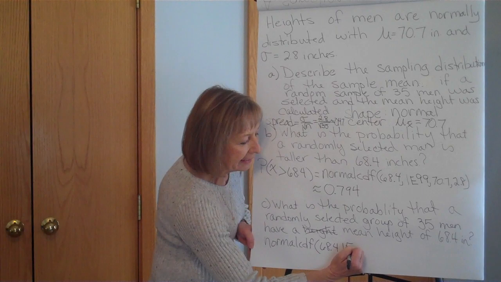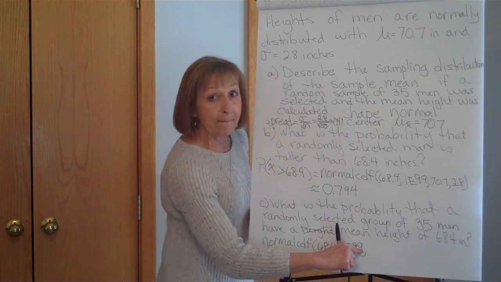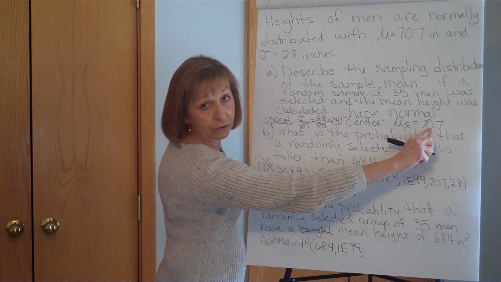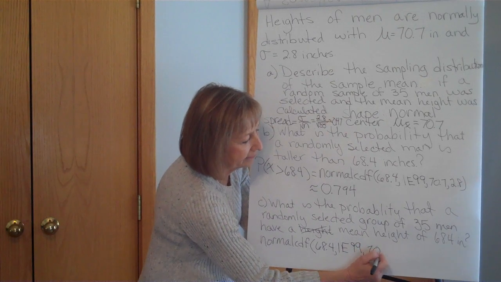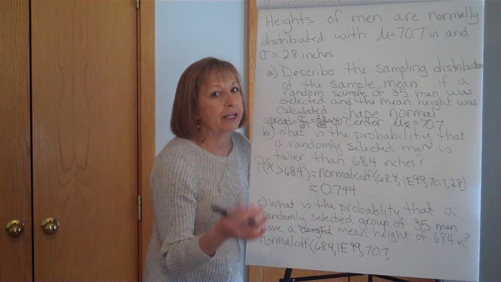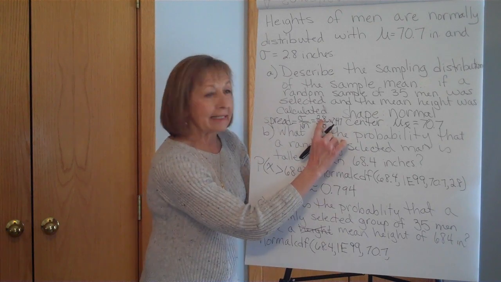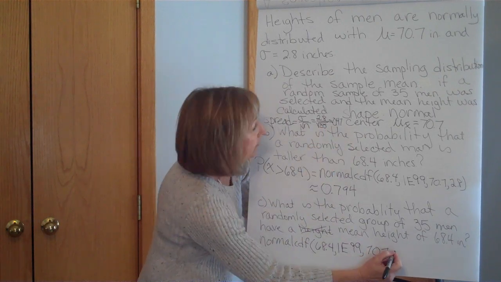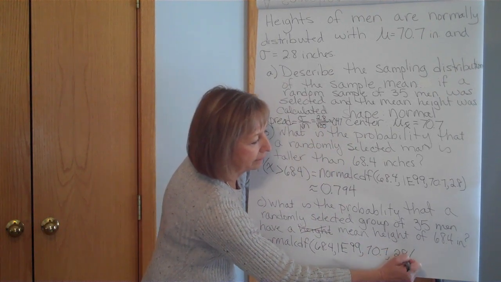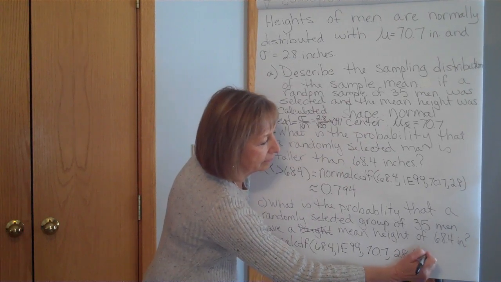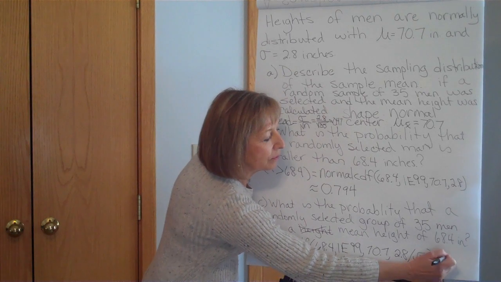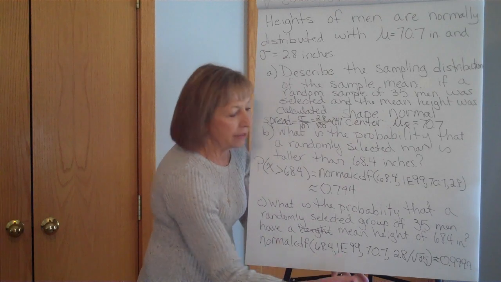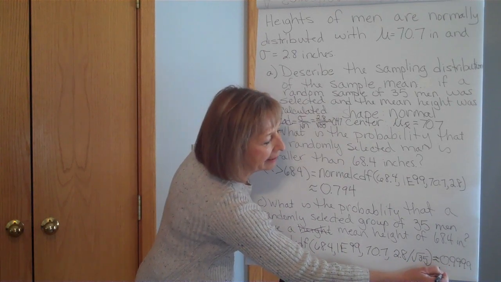The high is 1E99. The mean of the sampling distribution of the sample means is still the mean of the individual numbers, 70.7. But the standard deviation, that's the part that changes. It's the standard deviation of the individual numbers divided by the square root of the sample size. So that's about 0.9999. It goes on, where it's just about a probability of 1.